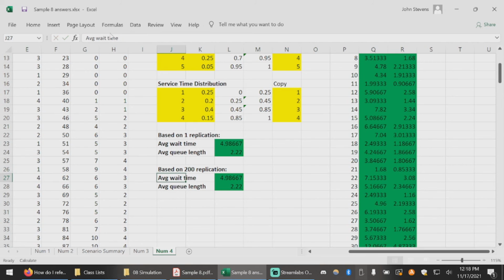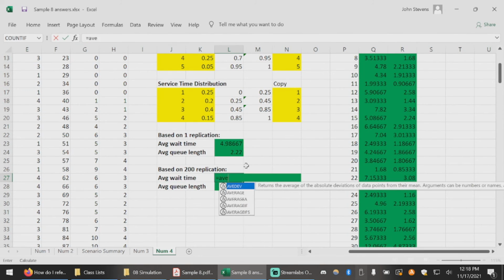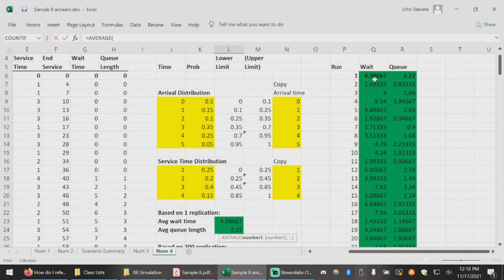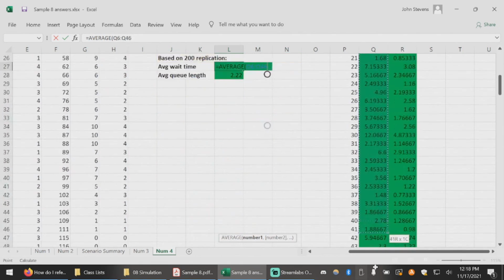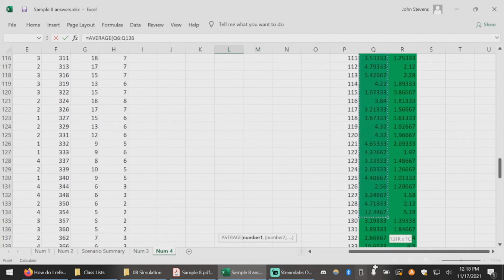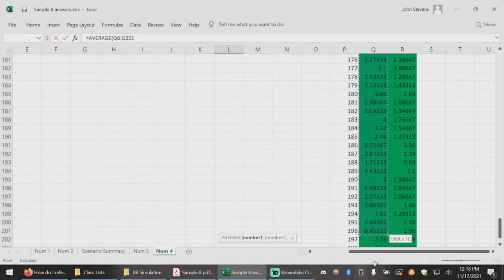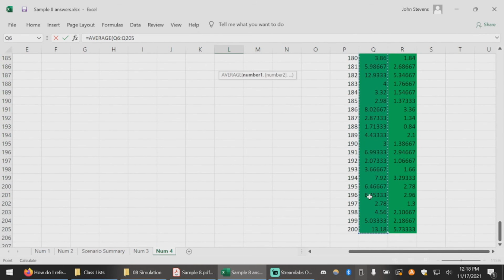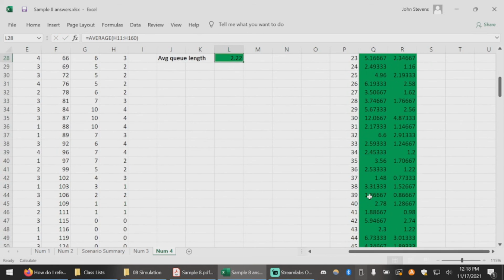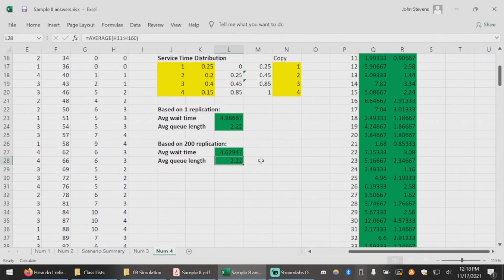So then we could do this for 200 simulation runs, and then simply get the average of the data table values. And again, same as we've done all the time. Make sure you understand the previous examples first.